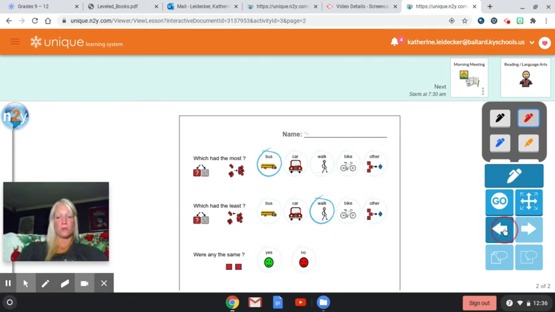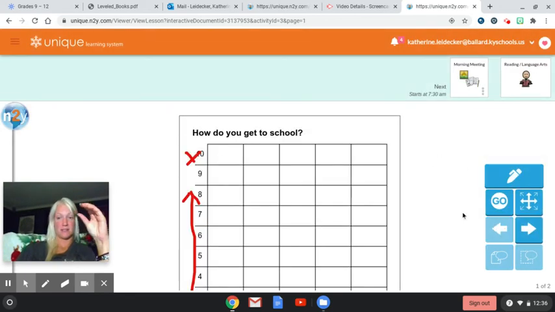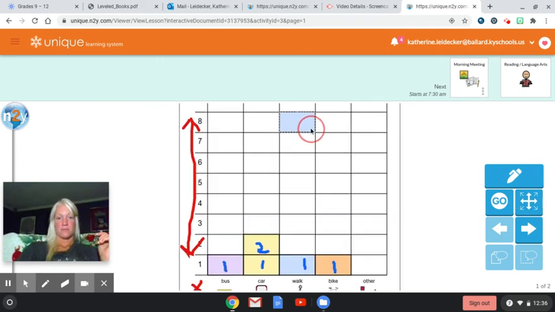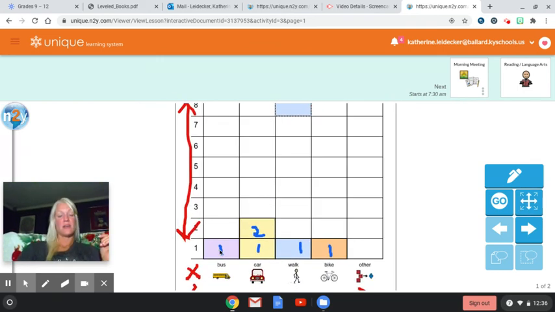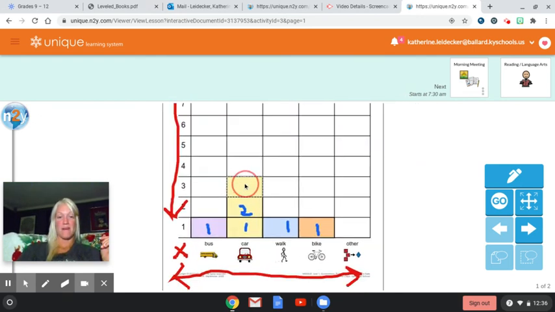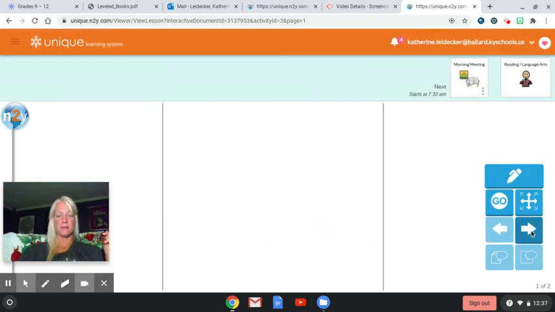Which one had the most boxes? If I look here, 1, 2, up, here's 2. So I know we have 2 car riders. The rest are bus, walk, and bike. So the most we have here are car riders. I'm going to click to my next slide.